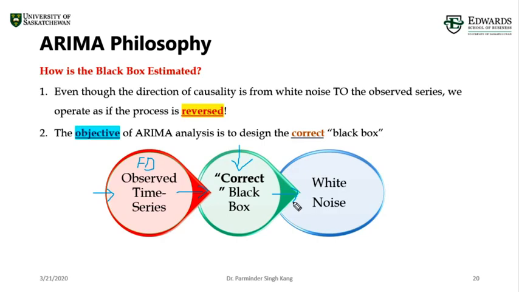Which means your error terms shouldn't be serially correlated. The errors are only random variation. If that's the case, you got a correct black box or correct ARIMA model. If the errors are serially correlated, we're going to go back to this step again and apply a different ARIMA model.